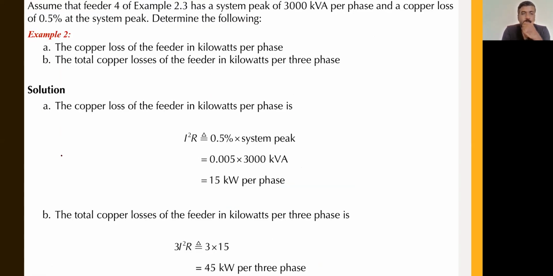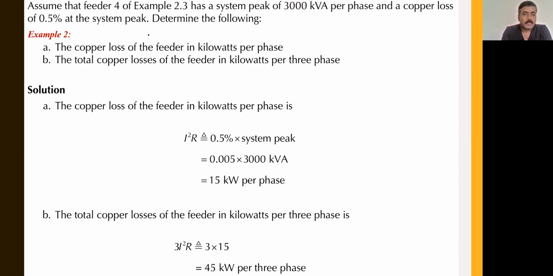Considering another simple example, assume a feeder having 3000 kVA per phase and a copper loss of 0.5% at the system peak.